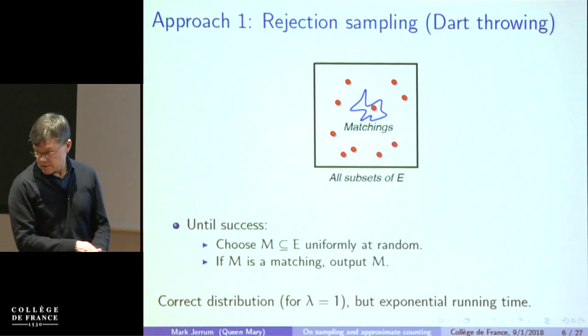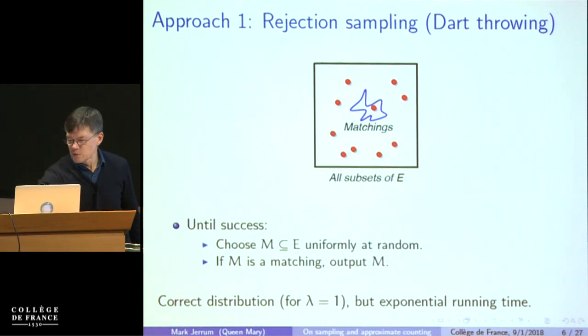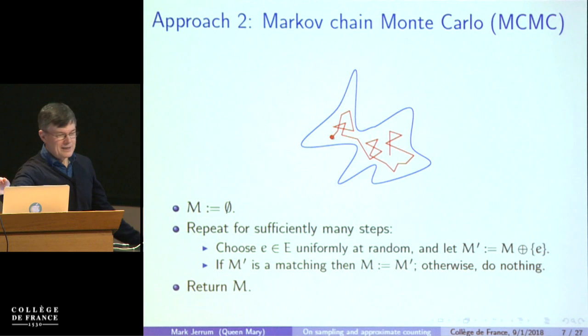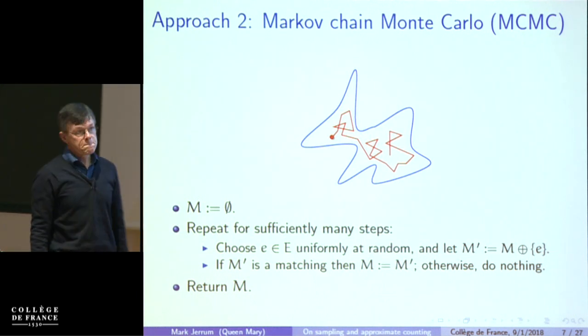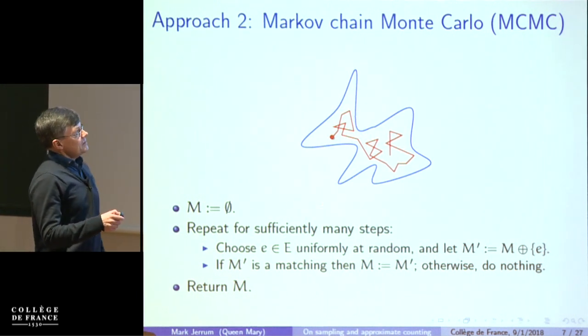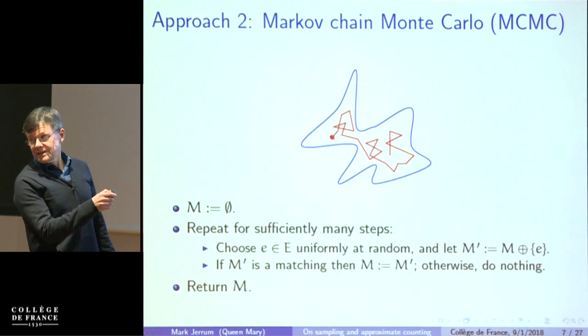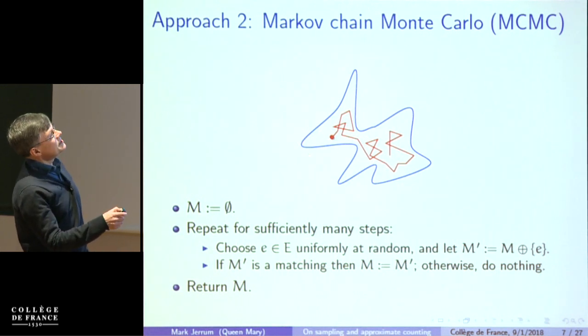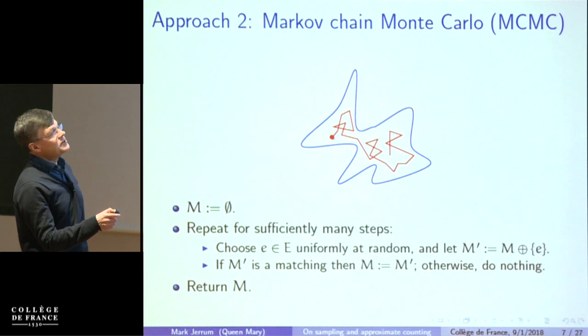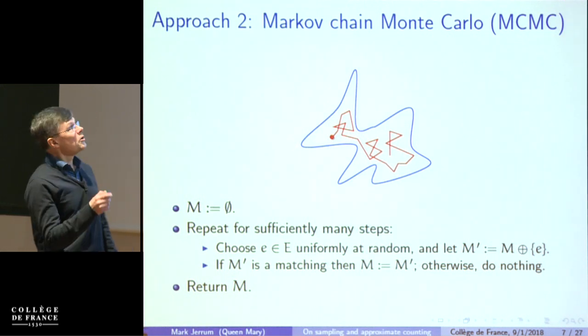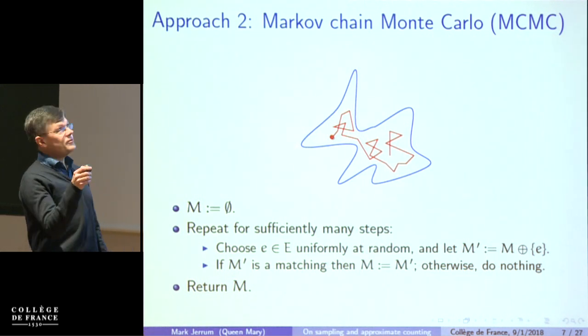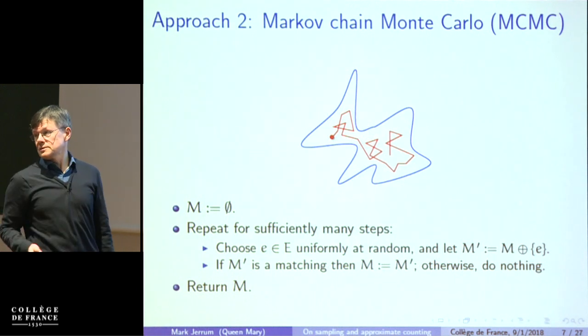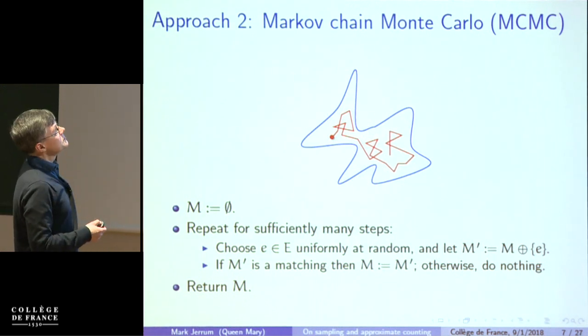Okay, so we need some other idea, which we know is to do a random walk. So this is a blow-up of the last slide. You can see this is the crazy set that we have to sample from. And before, we were just naively throwing darts and missing this nice section.